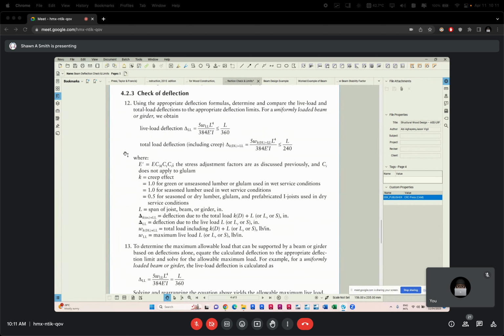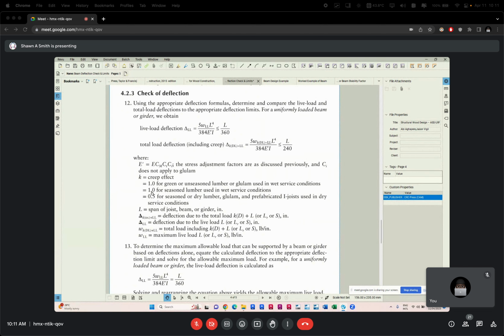All right. So there are some factors which are a factor K which comes into effect. And it says K equals 1 for green or unseasoned lumber. We don't use green lumber out here. We get them when they're seasoned and treated and sent from South America or wherever we get them from.